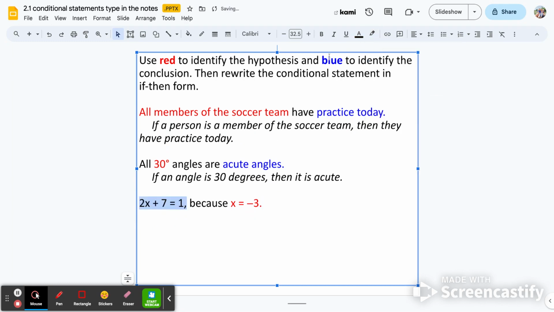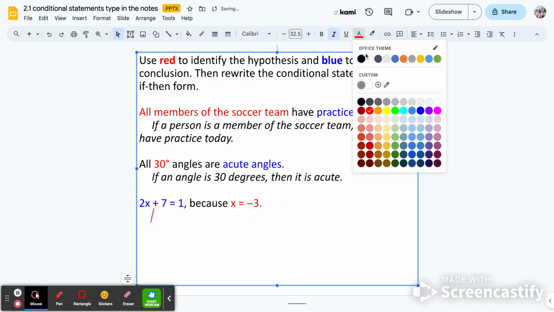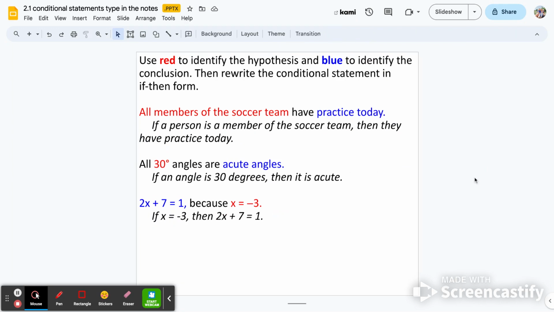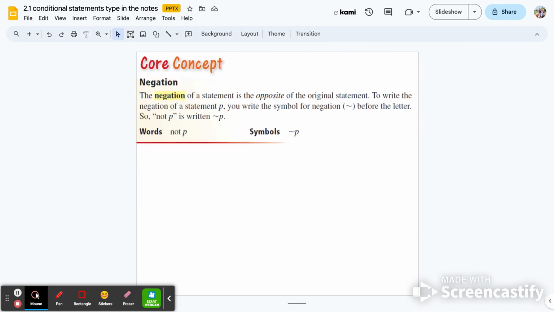So in order to type that in the if-then statement, we would say, if x is equal to -3, then 2x plus 7 equals 1. So with that, you kind of work backwards with what did you get as your solution? That's going to help you find your conclusion. Solution and conclusion rhyme. That's how I remember it in math terms.